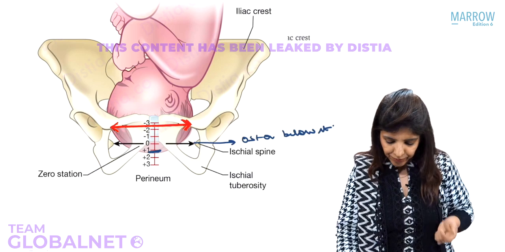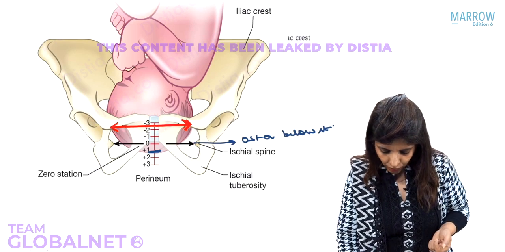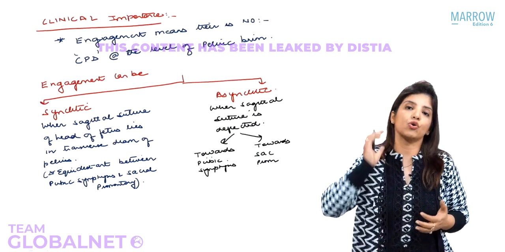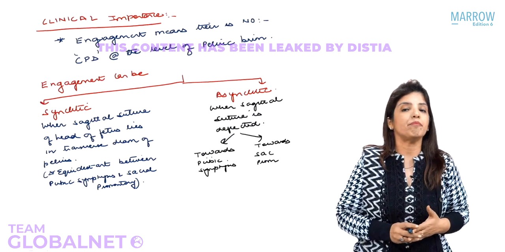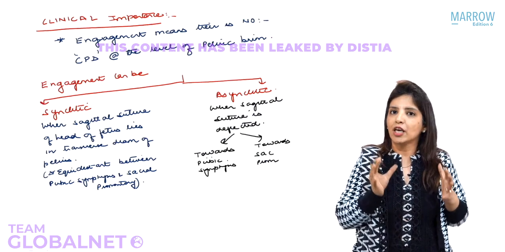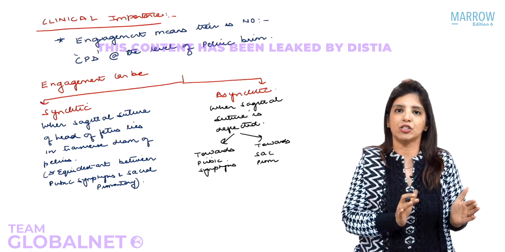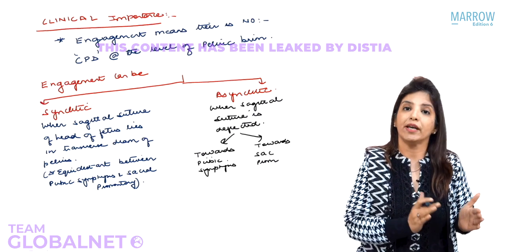Right? Okay. Now the other thing which I want you to know is, what is the clinical importance of engagement? See, engagement was defined as the largest transverse diameter crossing the pelvic inlet.